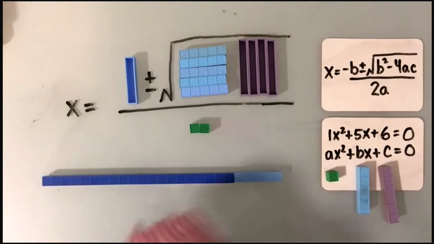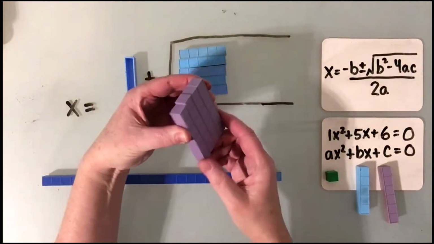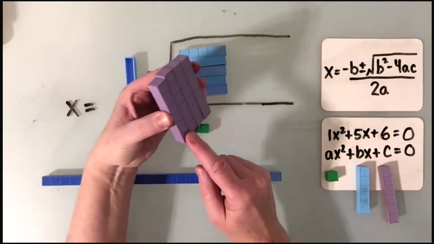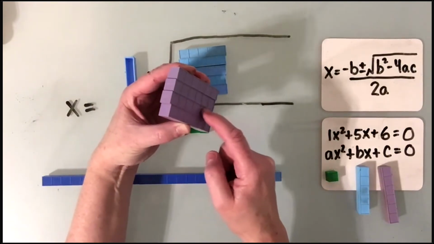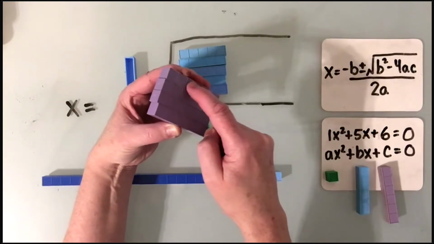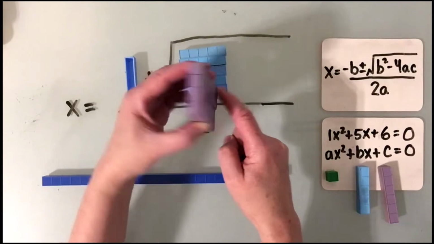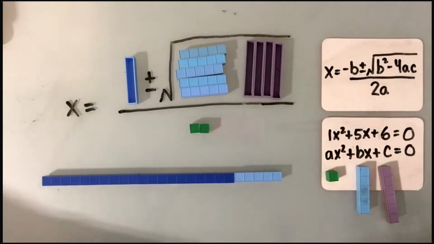There's 25. Now this, if we turn it this way, we have 1, 2, 3, 4, 5, 6, 7, 8, 9, 10, 11, 12, 13, 14, 15, 16, 17, 18, 19, 20, 21, 22, 23, 24, negative 24. So what we need to do is make negative 24.